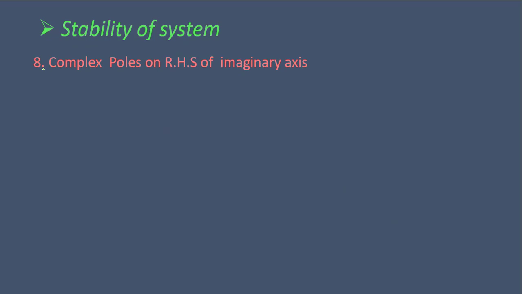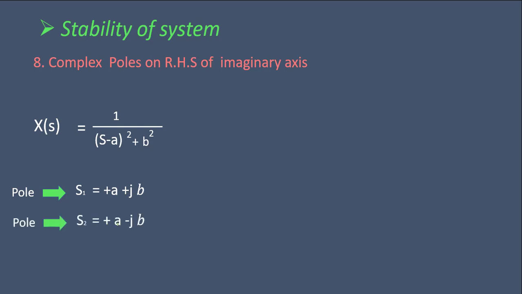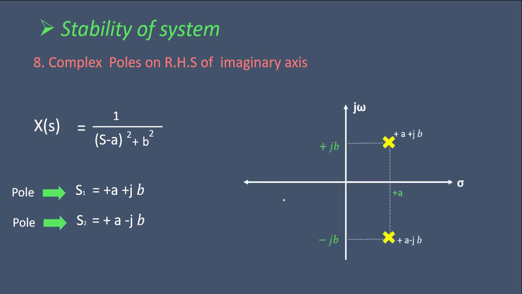Now let us go to the last point, that is complex poles on the right hand side of the imaginary axis. For this, again I have taken a transfer function X of s is 1 upon (s minus a) whole square plus b square. The poles will be plus a plus jb and plus a minus jb. So we have to plot these poles. This time I have directly plotted the poles.